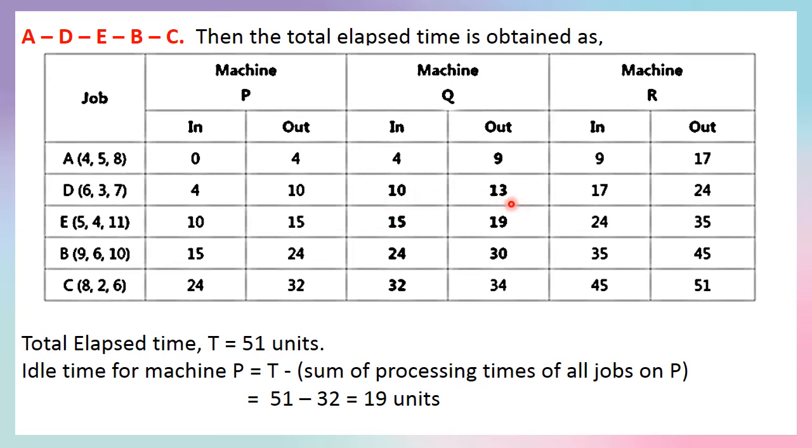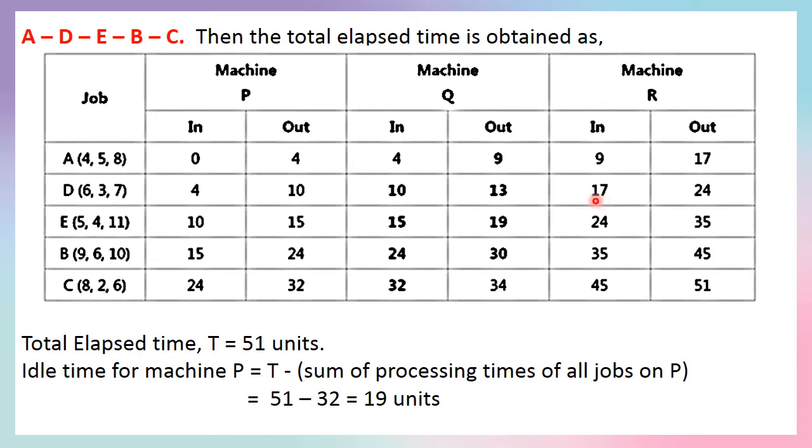So 10 plus 3 is 13, and immediately it cannot be given to machine R, because machine R cannot start job D, as the first job is not finished there. In 17 unit time only it is finished, so it can start the next job at 17 only.